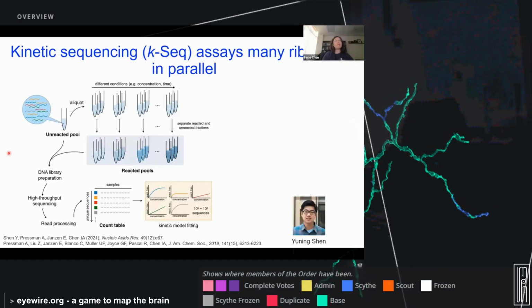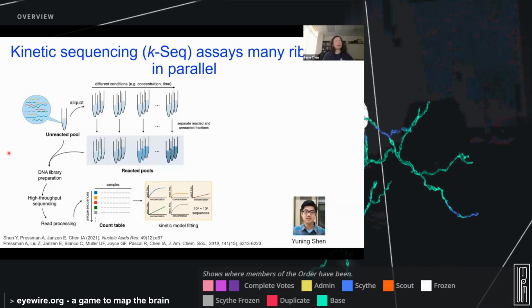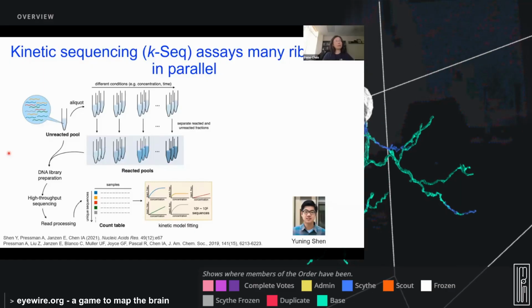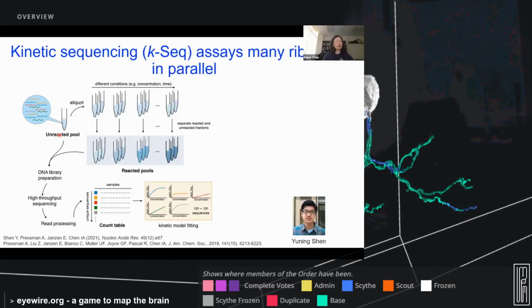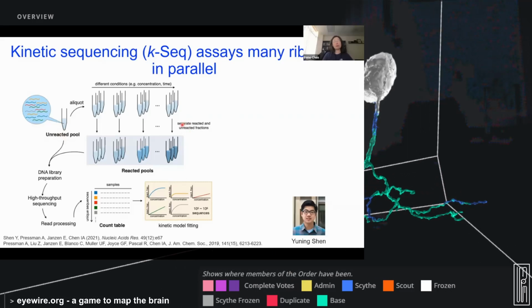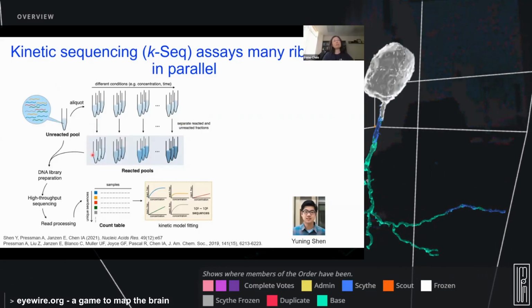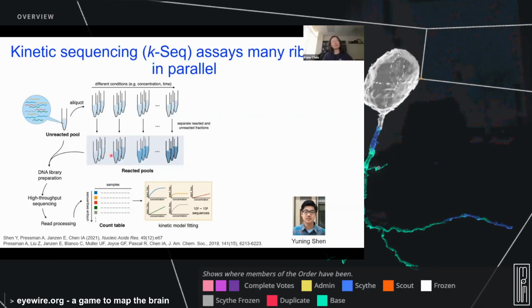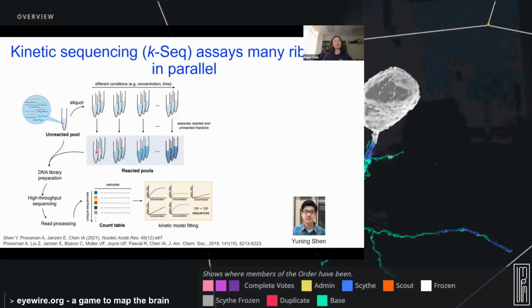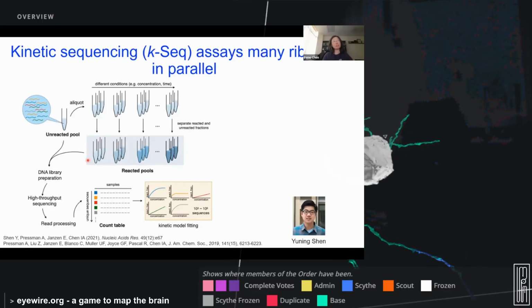We wanted to assay all of those sequences for their catalytic activity, their kcat. To do that, we took the whole pool, aliquoted it into different reaction conditions, and then conducted the reaction. This could have been time points, which I think is the easiest one to think about. But in our case, because of degradation of the substrate, we used substrate concentration.